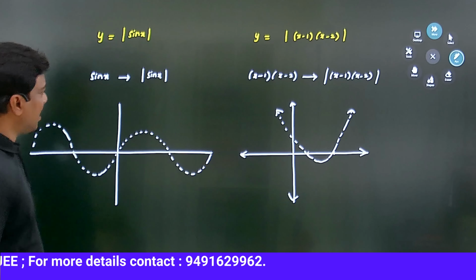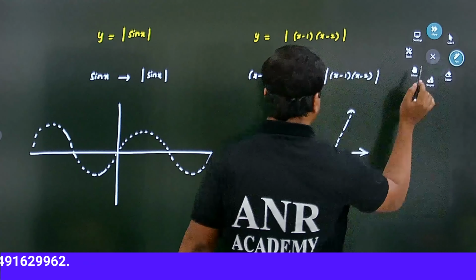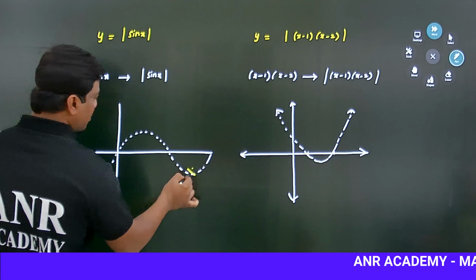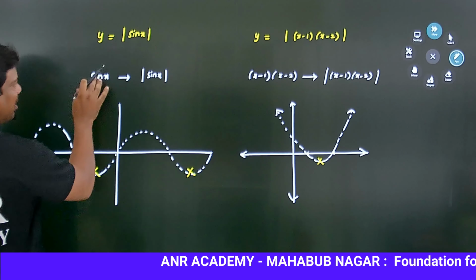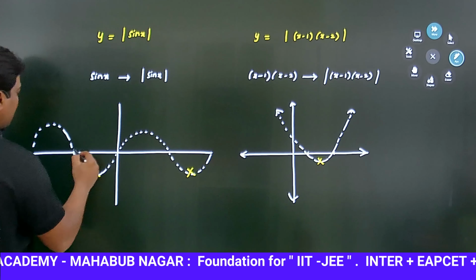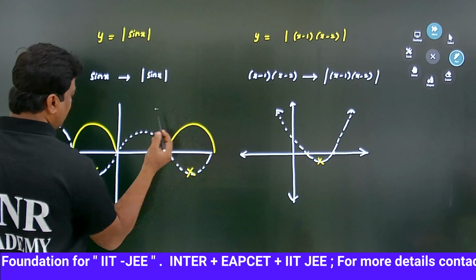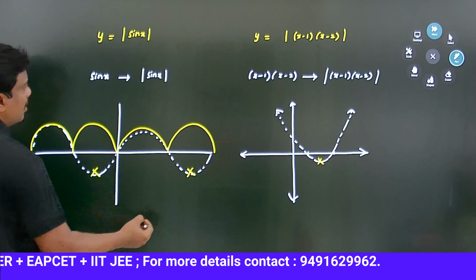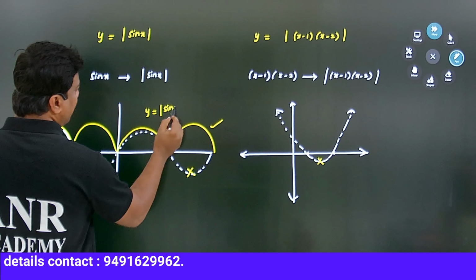When you have the modulus sign, you have to neglect the graph which is entirely below the x-axis. That is the first rule. And then whatever the negative quantity is, that becomes positive by applying the modulus sign. So this one becomes positive and this also becomes positive, and the previous positive result stays as it is. So this is the graph of y equal to modulus sin x, remember.